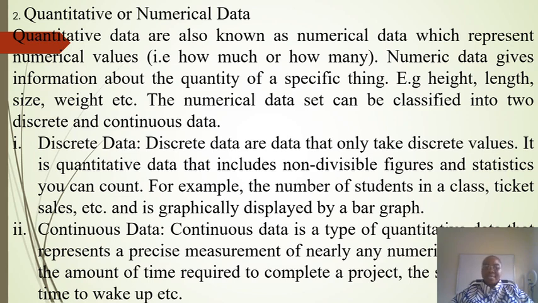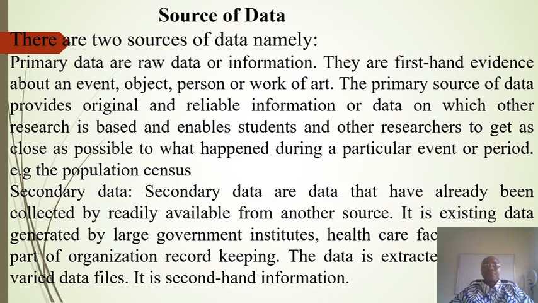While continuous data is a type of quantitative data that represents a precise measurement of nearly any numerical amount of time required, e.g. the amount of time required to complete a project, time to wake up, etc.